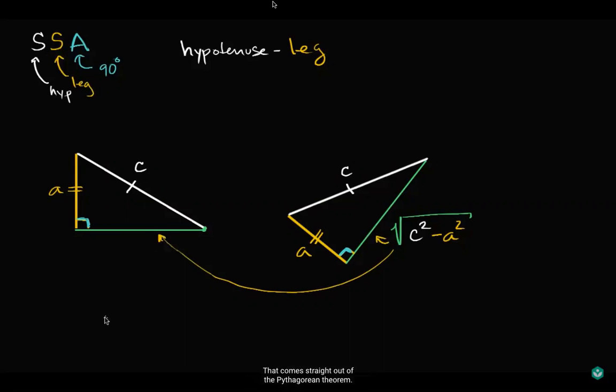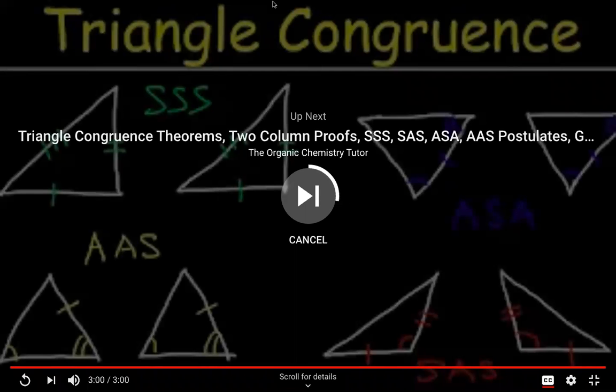That comes straight out of the Pythagorean theorem. So we know that the third side, those two corresponding sides, have to be congruent. That's where we get hypotenuse leg congruence from, which is really just a special case of SSA, which we said in the past you cannot apply generally to establish triangle congruence.